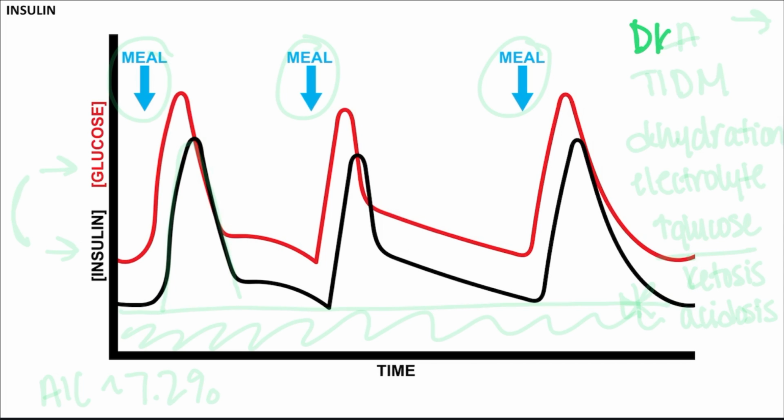So DKA, or diabetic ketoacidosis, is an acute complication generally for type 1 diabetics secondary to insulin deficiency.